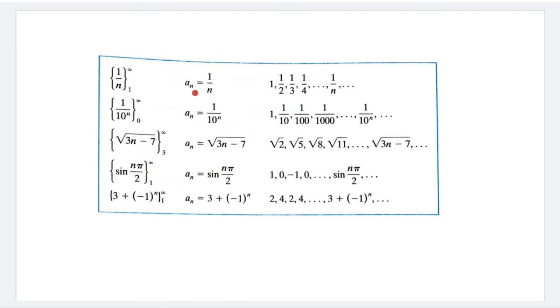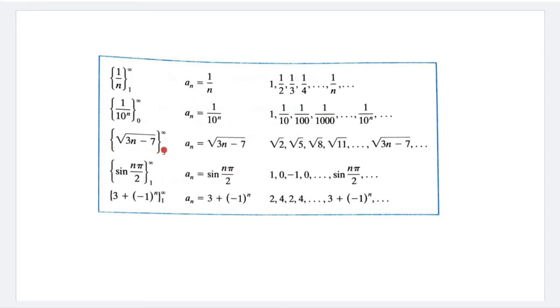Of course, we use only the natural numbers, but sometimes we can use other numbers. We can start with something else. For example, this 1 over 10 to the n, we can start with 0, because if we substitute 0 here, our number would still be defined. And then we can also write it this way, and then we have this.